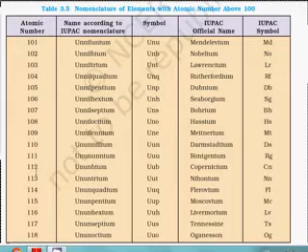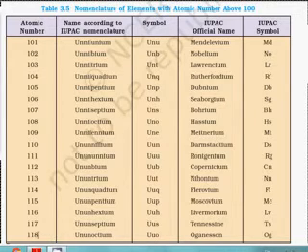Let us take one more example. Let us take 113. So here for 1 you have UN, for again 1 we have UN again, then for 3 we have TRI, and IUM. So here you can write down the symbol as UUT.